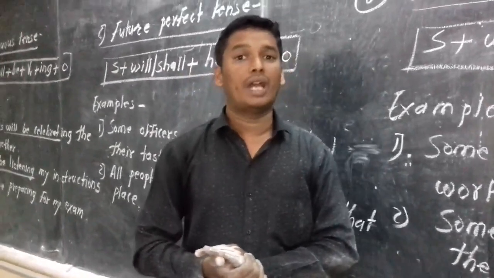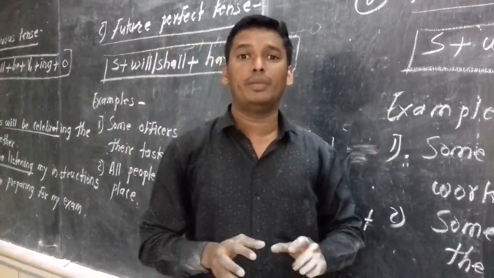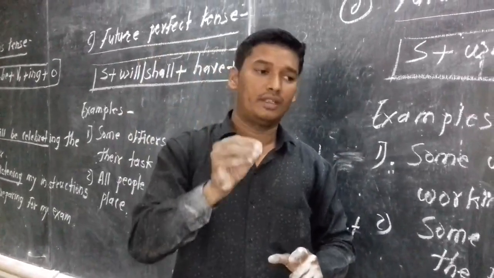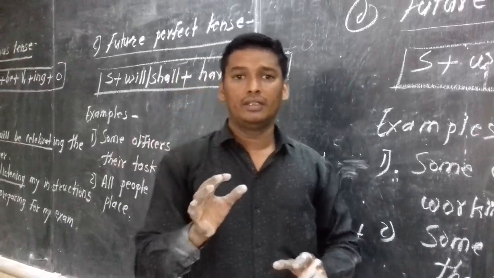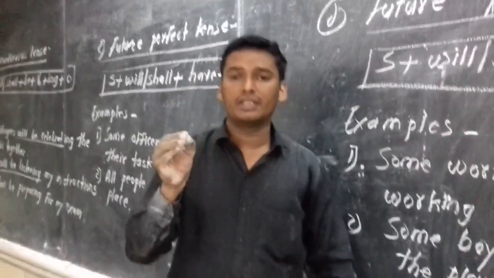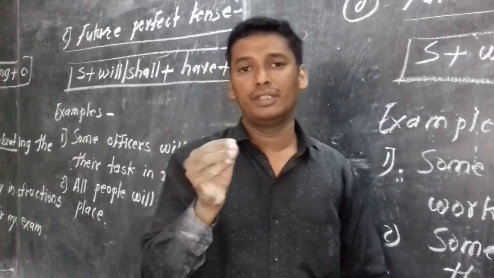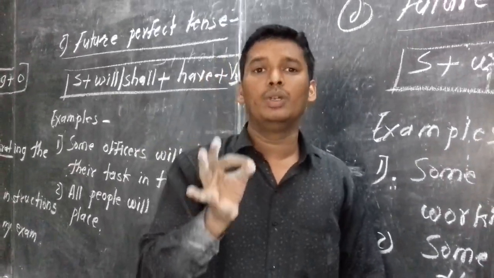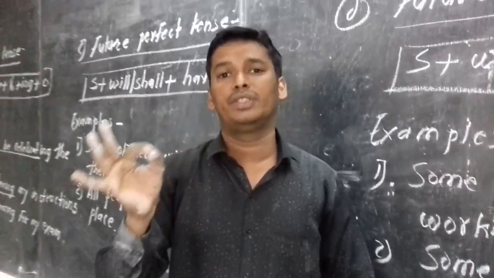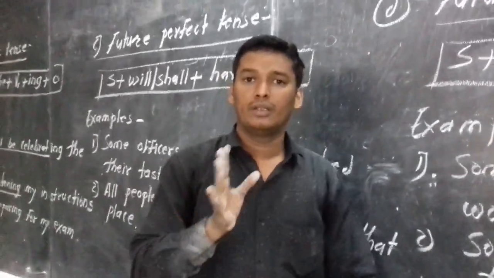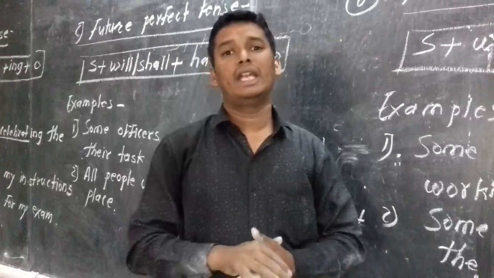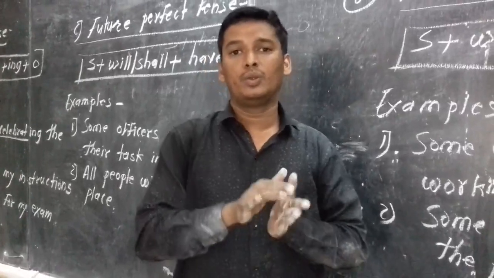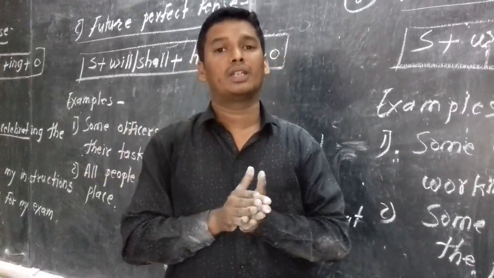Now, you have to write all structures at one place and recite them well. If you recite all structures, then this topic is very easy. You must know each structure of each tense. Okay? In the next lecture, I will give you some examples to convert into other tenses.